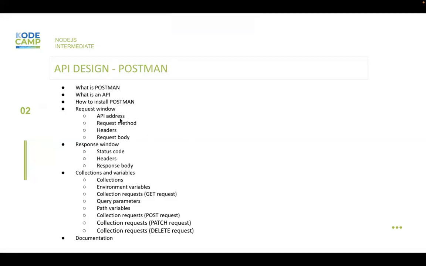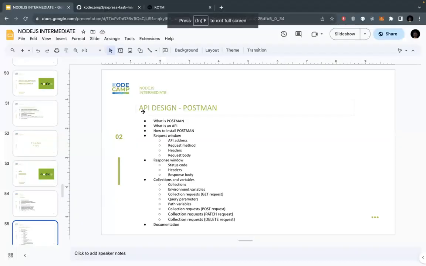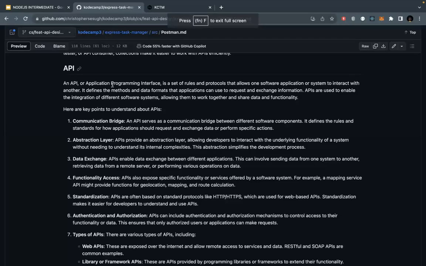And here we have how to install Postman, request window. What is an API? I think I will have to talk about this API a little bit before we move to the request window and then response window and all of that. Okay, what's an API? An API, or application programming interface, is a set of rules and protocols that allows one software application or system to interact with another.